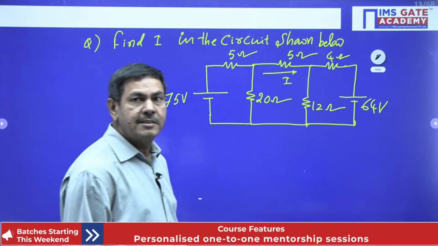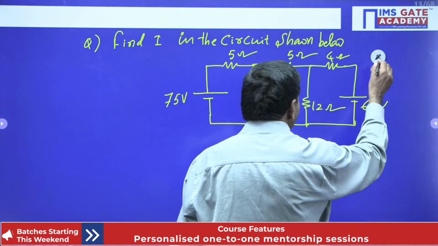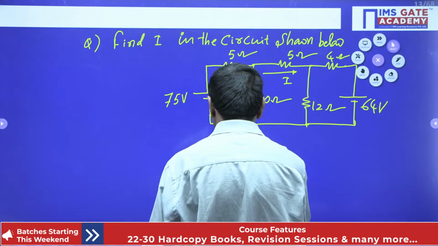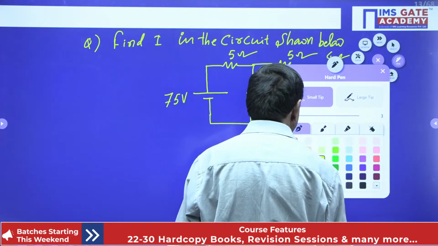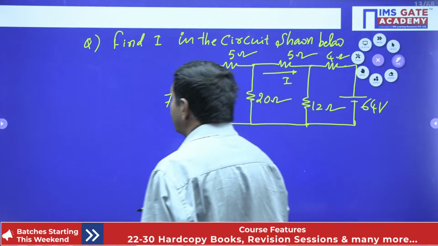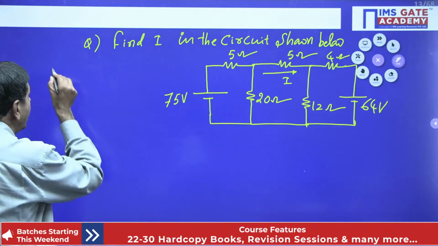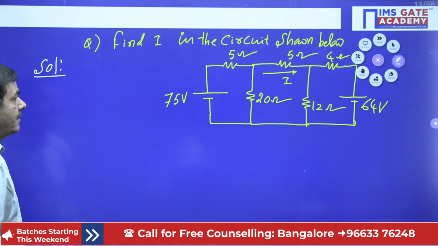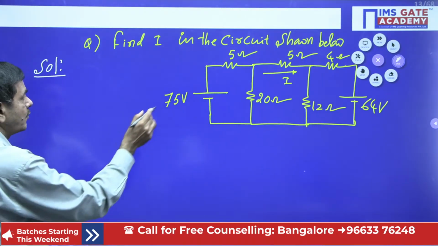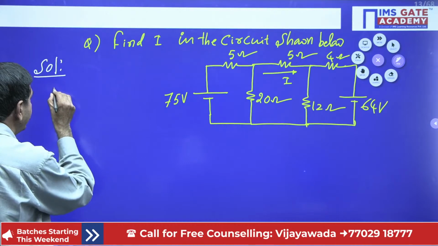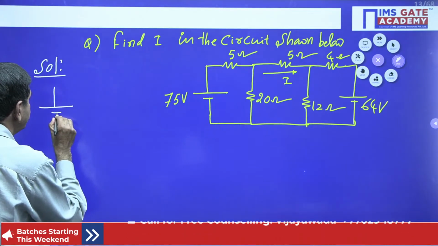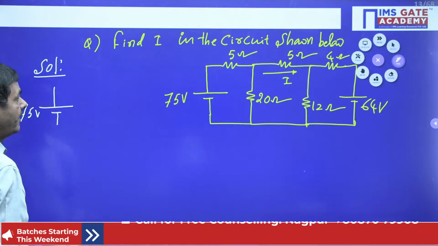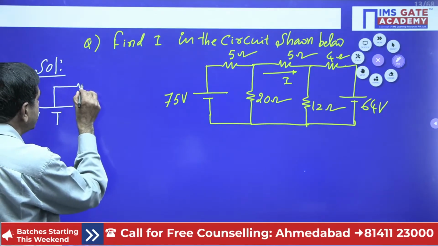How can we do this question? I want to take the solution here now. Initially I selected this voltage source: here I got 75 volts, and here a 5 ohm resistance.